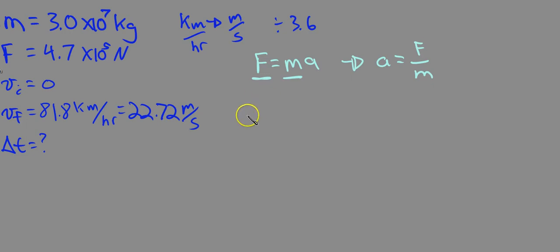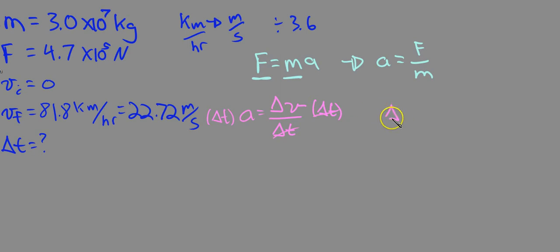The other one is I know that acceleration is equal to the change in velocity over the change in time. Now, if I knew my acceleration and change in velocity, I could find my change in time here. I'll have to do some algebra to figure out what my change in time would be equal to.